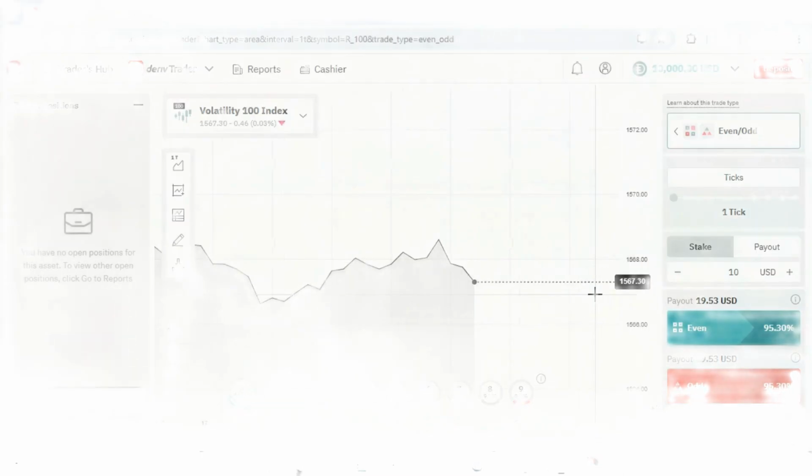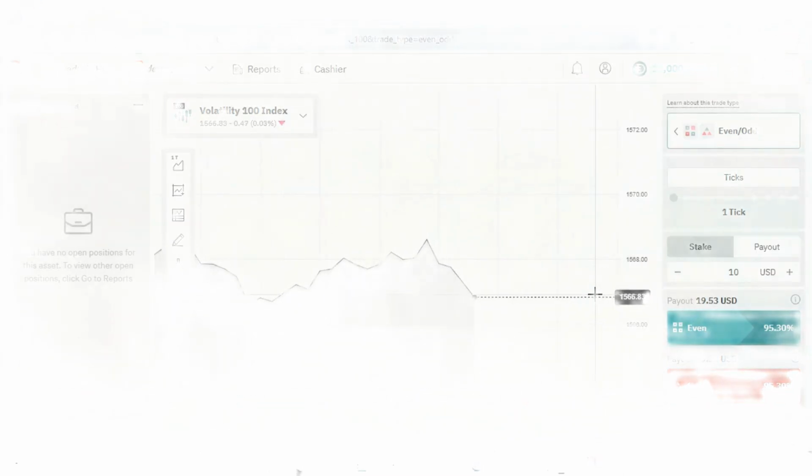So for this strategy, when we want to enter even, we are going to concentrate on digit 4. Digit 4 has to be more than 12% and increasing, and also at least 3 other even numbers must be above 10%.